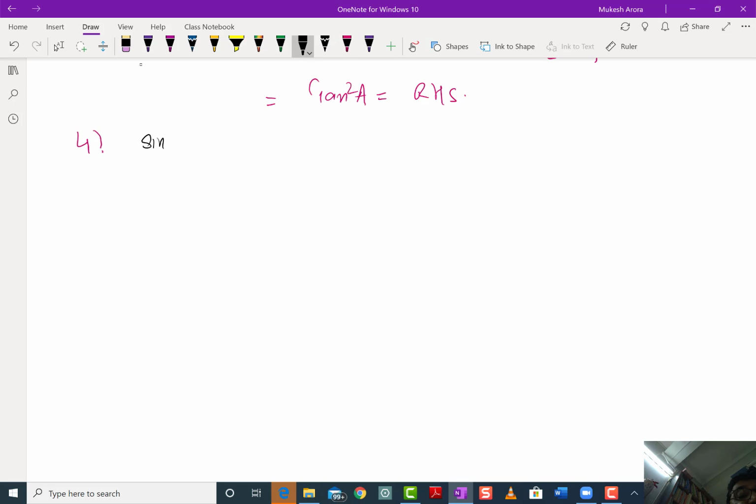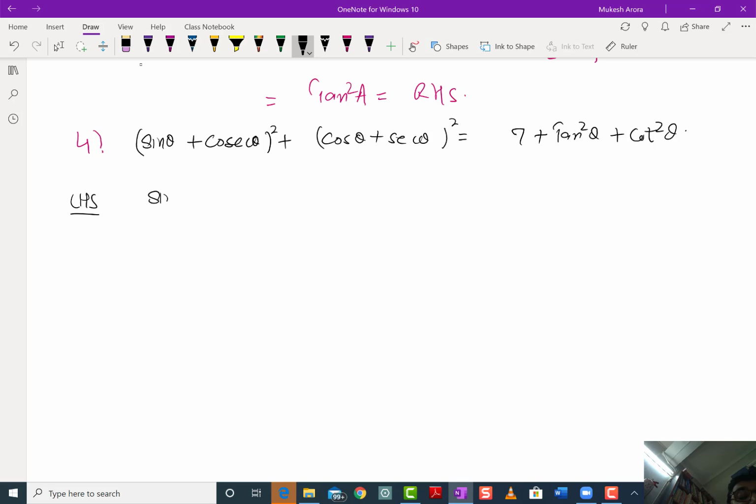Sin theta plus cosecant theta raised to the power 2 plus cos theta plus secant theta raised to the power 2 is equal to 7 plus tangent square theta plus cot square theta. Left hand side: we will open this. Sin square theta plus cosecant square theta plus 2 sin theta cosecant theta plus cos square theta plus secant square theta plus 2 cos theta secant theta.